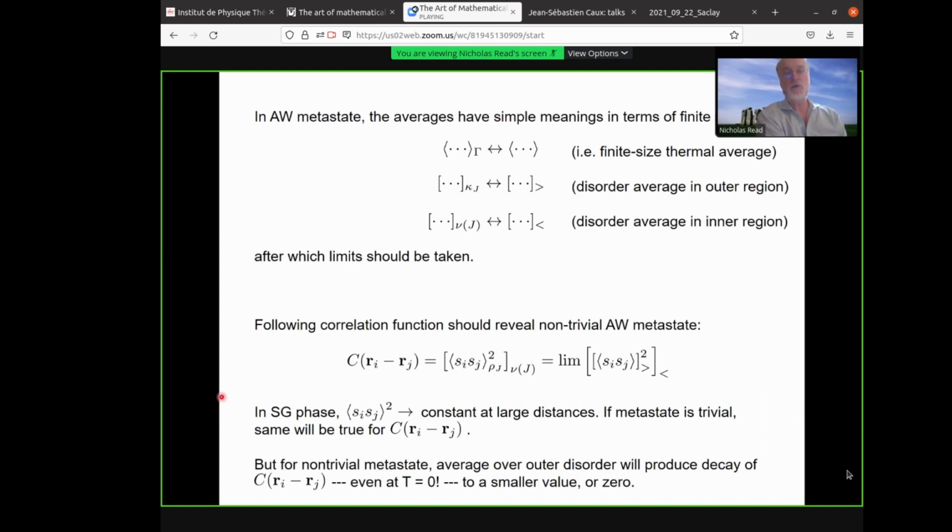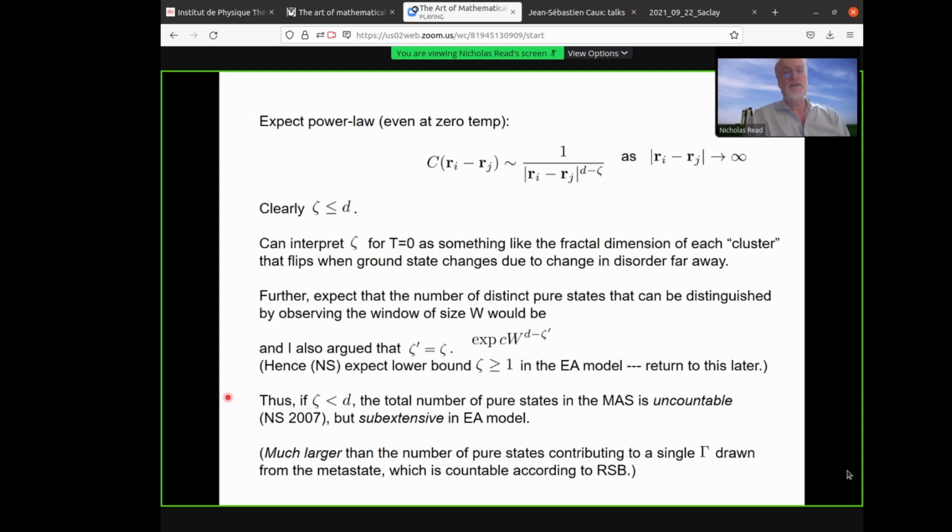It can decay to possibly a smaller non-zero value, or to zero, even at zero temperature, if the metastate is non-trivial. Okay. And what we may expect if it does decay is a power law decay. So that's my proposal, that it may decay as a power law.